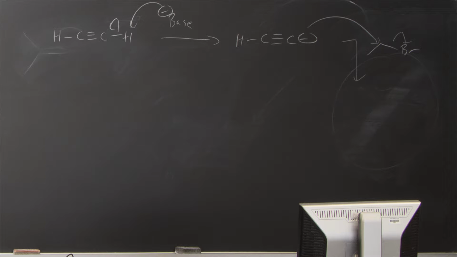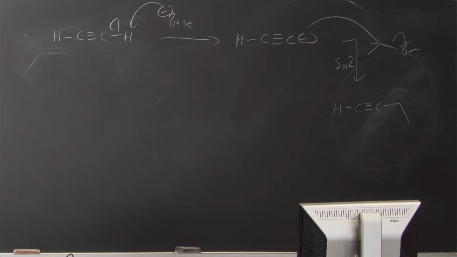So the consequence of that is I form a new bond to the carbon. Up until now, I haven't been able to do that. We really couldn't easily do that with the alkenes. There are exceptions, of course, but they're not nearly as simple as this.